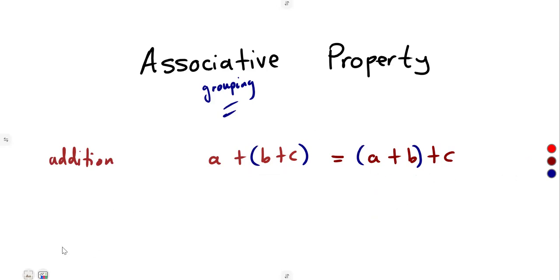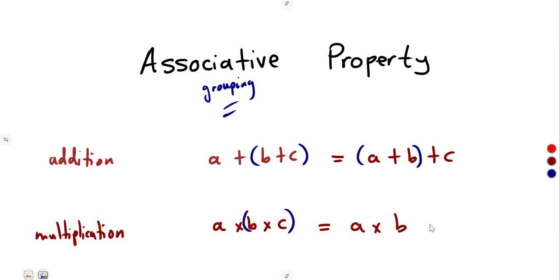So under addition, it can also be given under multiplication, just like what we saw before: A times B times C. We can have B and C grouped together. It is the same answer that you're going to have if you group A and B together like this.